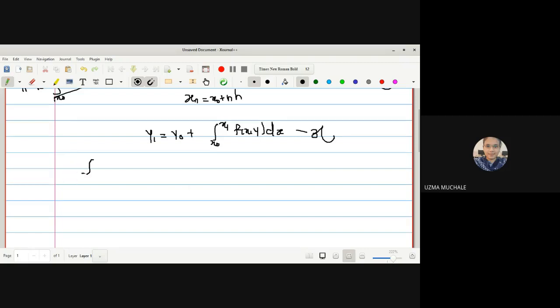What is the trapezoidal rule? Integration from x naught to x n of y dx is equal to h by 2.